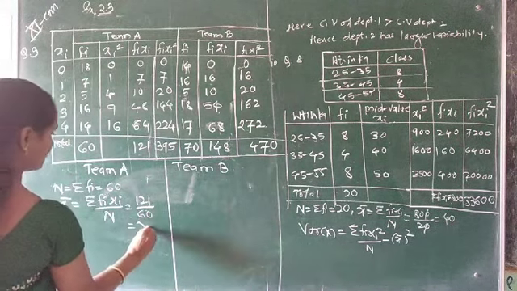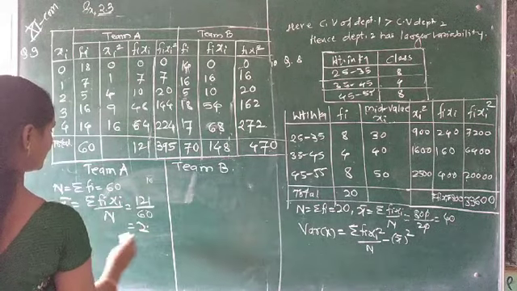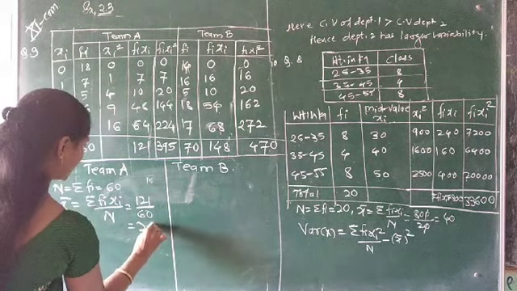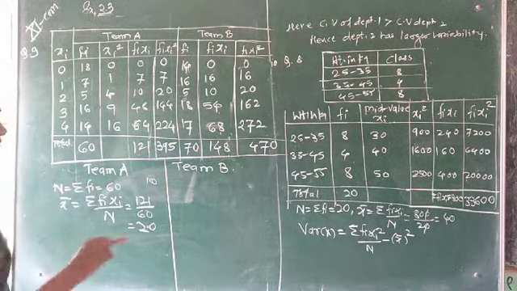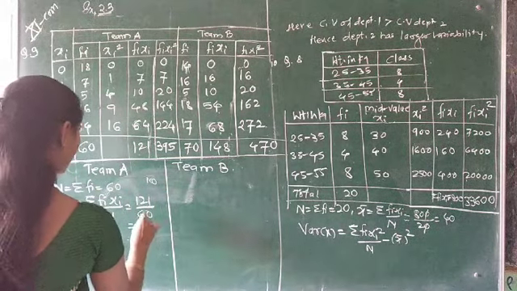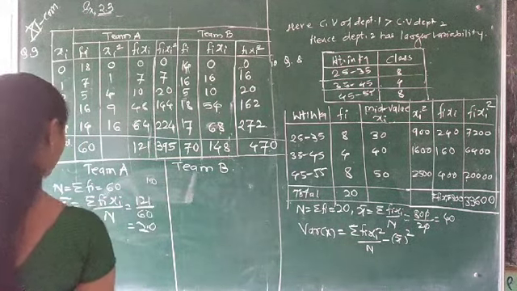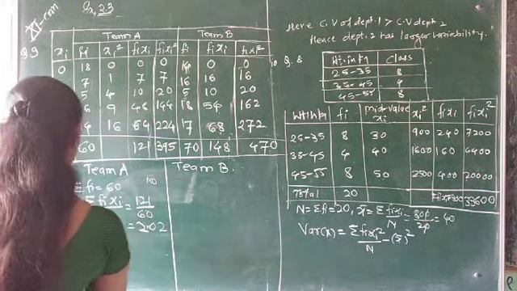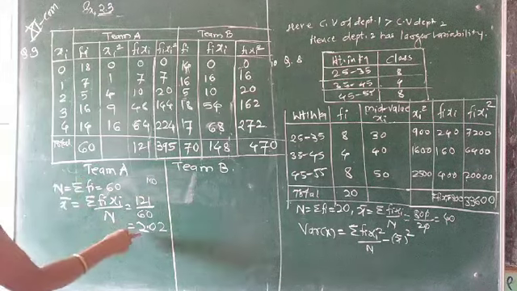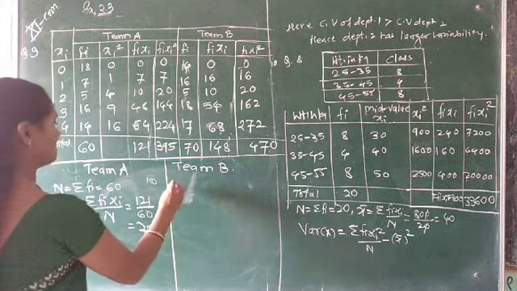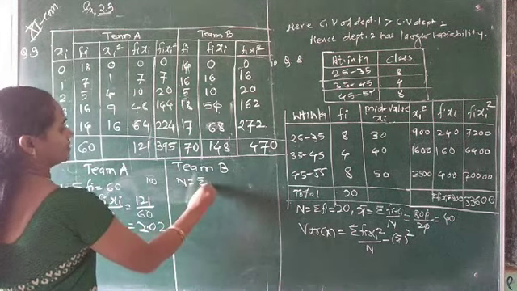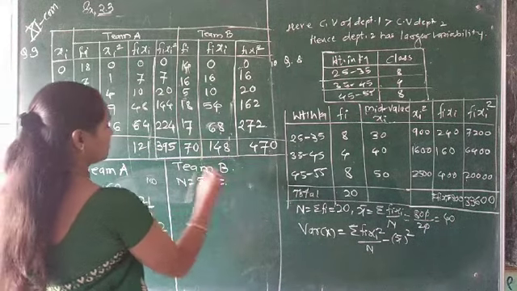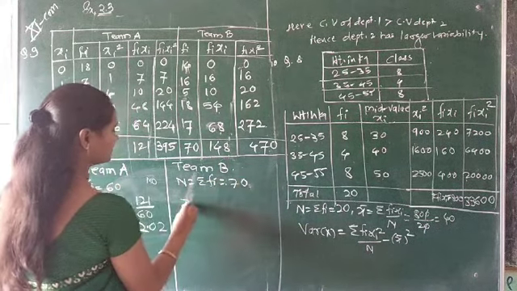Then it is 1. If we take the decimal point, then it is 0, and again we get 10, now it becomes 100. So the mean of team A is 2.02, and its summation fi is 60.